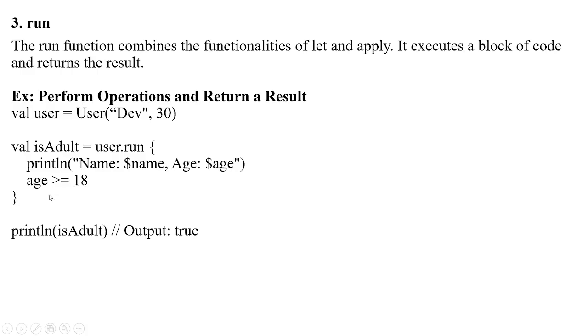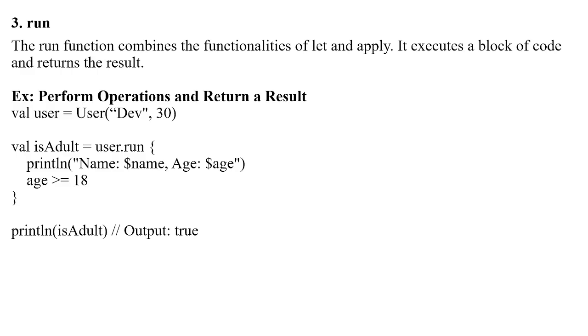We can use user.run, print, and write the age check, and it will also return the last statement. When age is greater than or equal to 18, isAdult will be true, so it will give the true value.